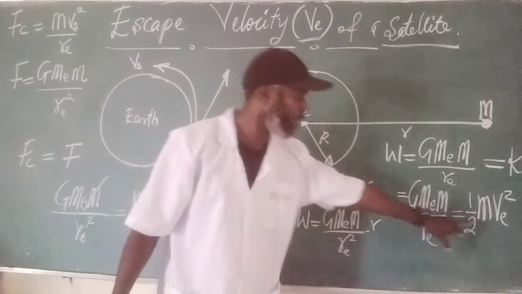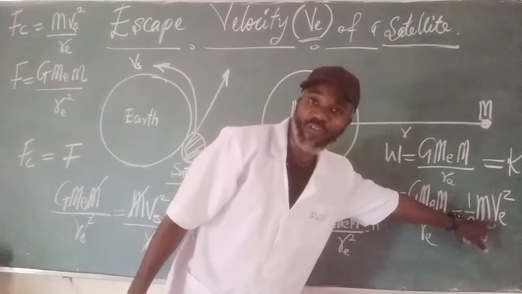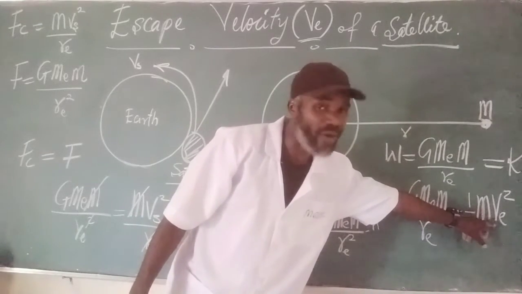Look at this, very simple. So we are looking for the escape velocity of the object, be it a satellite or any object.